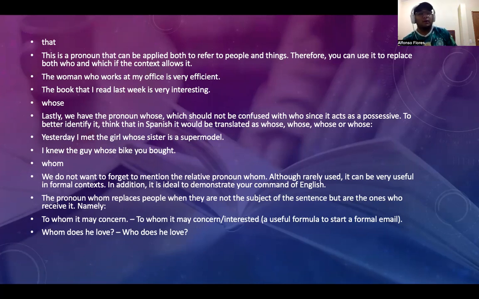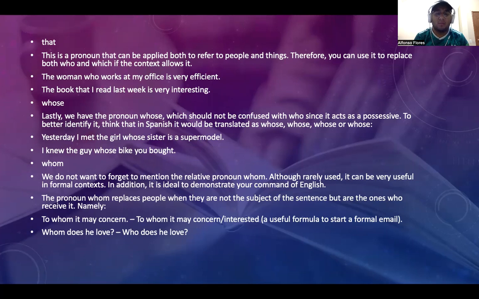Whom? We do not want to forget to mention the relative pronoun whom. Although rarely used, it can be very useful in formal contexts. In addition, it is ideal to demonstrate your command of English.